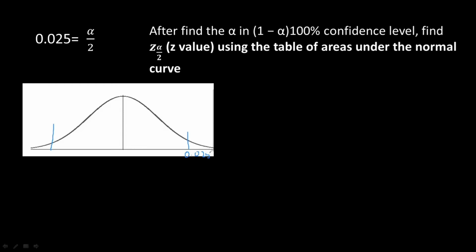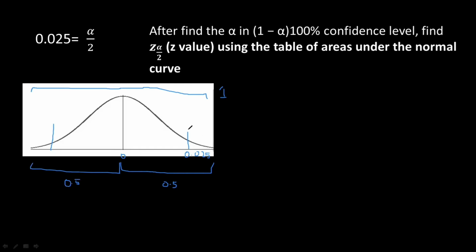If you remember sa ating normal curve, this is the mean or the zero. And then yung buong yan ay is equal to 1. Yung area niyan ay 1. Then, yung half nito ay equal sa 0.5. And then, 0.5.